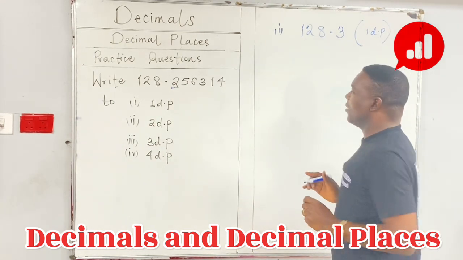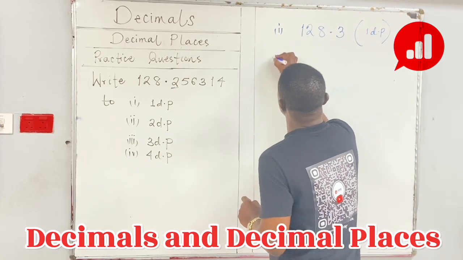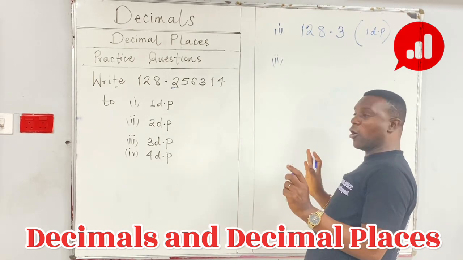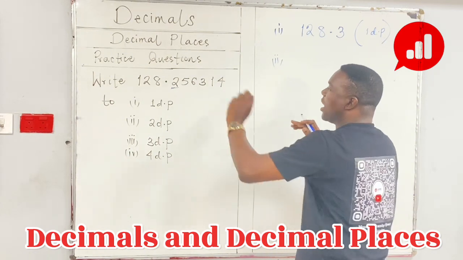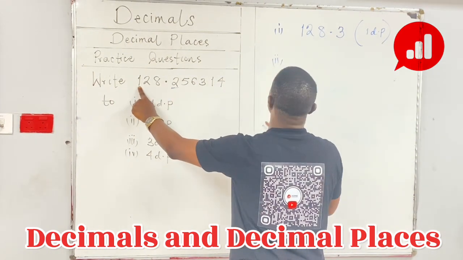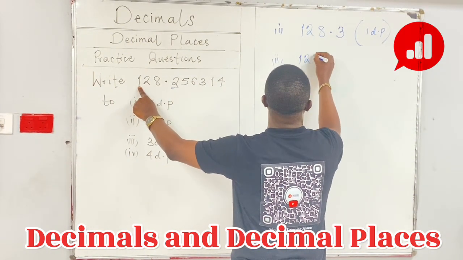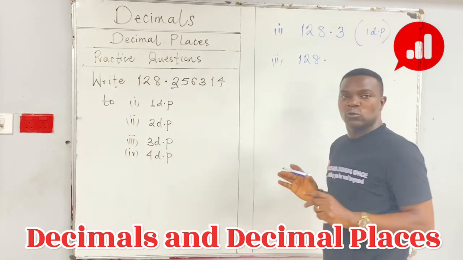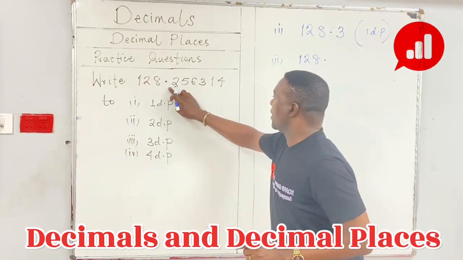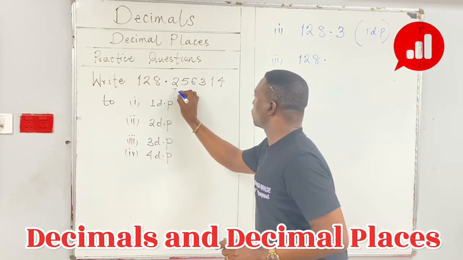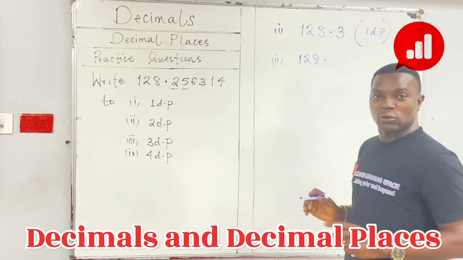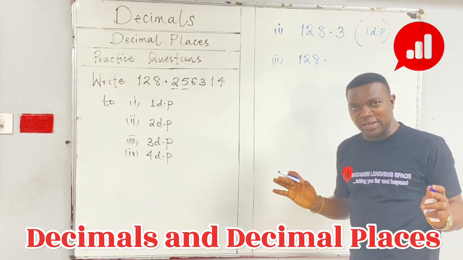Okay? Now, next one, we need 2 numbers after the decimal point. 2 decimal places. So I have no problem with the numbers before the point. So I will write it again. 128 point. I need 2 numbers. So the 2 numbers will be these 2 and these 5. Those are the numbers I'm going to pick ordinarily.